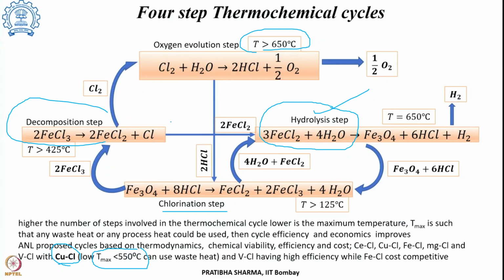For the decomposition step, chlorine will be produced, and this chlorine and hydrogen will produce HCl. Okay, these HCl will again be used for the chlorination and hydrolysis steps. Here hydrogen will be produced, at a temperature of around 650 degrees centigrade. And when we use copper and chlorine, you can reduce the temperature below 550 degrees centigrade.